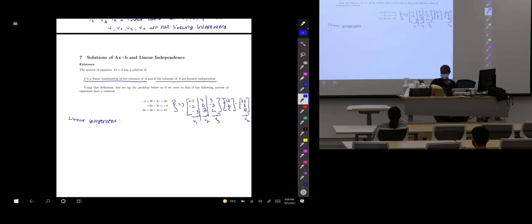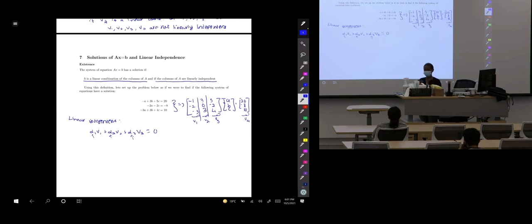So if we wanted to figure out if the columns of A are linearly independent, what would we do? We would do the same thing as we did in the previous example, which is alpha 1 V1 plus alpha 2 V2 plus alpha 3 V3 is equal to 0, right? And we would try to see whether or not we could find real numbers alpha 1, alpha 2, and alpha 3 that were not 0 that could solve this equation for us.